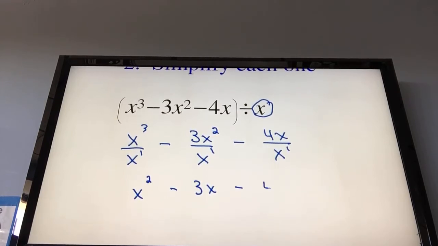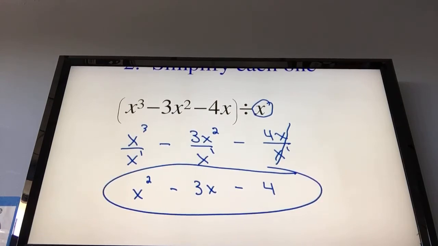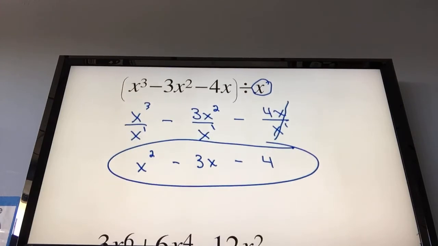Minus 4, and then x over x, exactly the same, would cancel out. And that's my answer. Again, you're going to find this easier, I think, than the previous lesson, although we're using those rules.